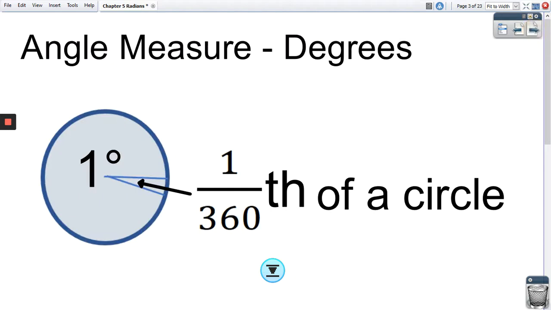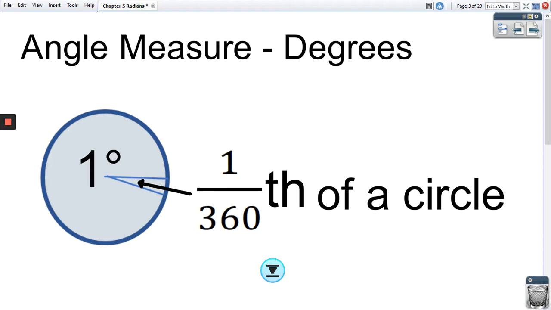Degrees are a way of measuring angles. You will have been aware of this way of measuring angles for many, many years now, perhaps since primary school. A degree is defined as 1/360th of a circle.